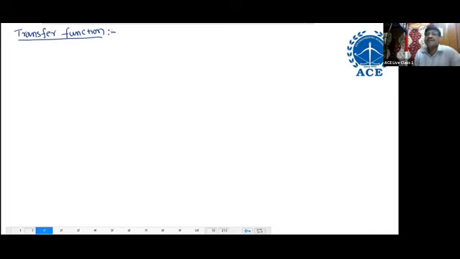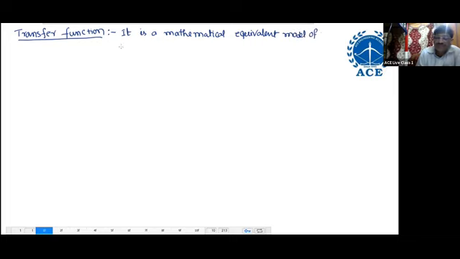Transfer function is a mathematical equivalent model of the system.